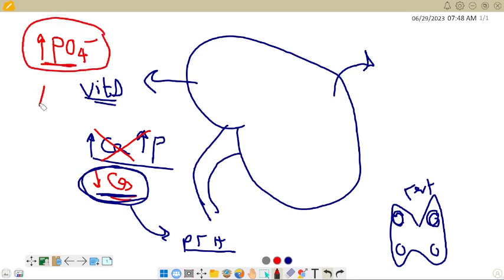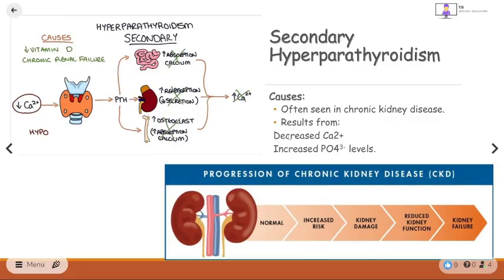So decreased calcium and increased phosphate are two important findings in renal failure, right? Because the kidneys cannot excrete phosphate. So you get increased phosphate levels, which are an important stimulator of parathyroid hormone. So you have two reasons why there is secondary hyperparathyroidism, because you have decreased calcium and increased phosphate. Okay.